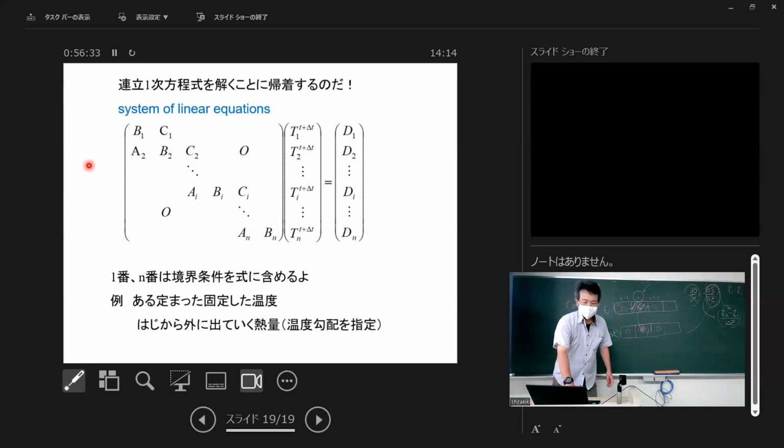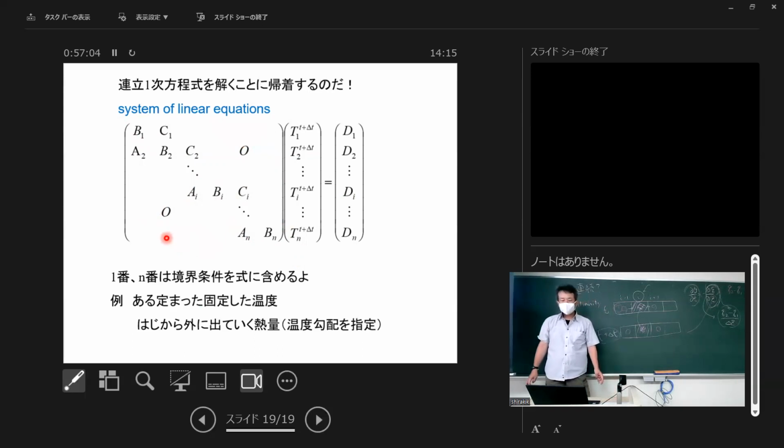And if we are thinking of only one-dimensional movement, it's very easy to calculate this linear equation matrix. But if we consider two or three dimensions, the data is scattered around and it's very complicated to calculate.